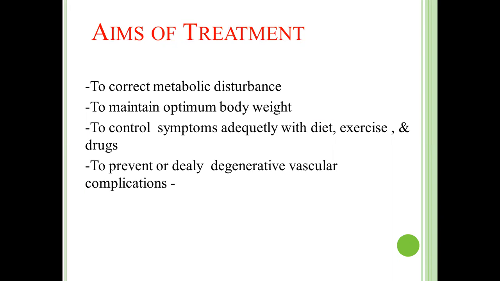The different drugs used to treat this diabetes disorder are hypoglycemic agents, either oral or insulin. So control these symptoms by using drugs, diet, and exercise, and prevent or delay the vascular complications. So these are the aims to treat diabetes mellitus.